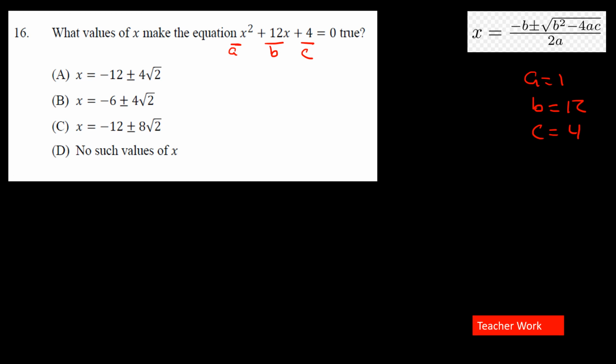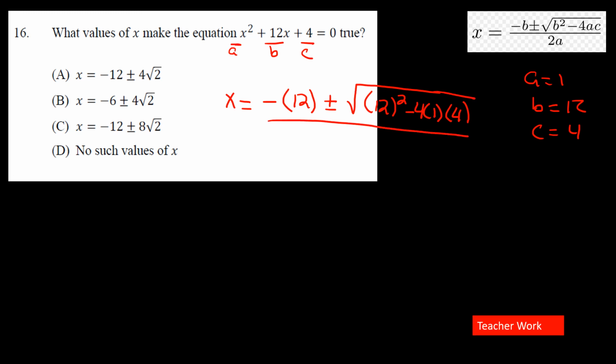So when we're doing this here, we're going to set up x equals negative b, which is 12, plus or minus the square root of 12 squared minus 4 times 1 times 4. And we're going to take all of that and divide it by 2 times a, and a is just 1.